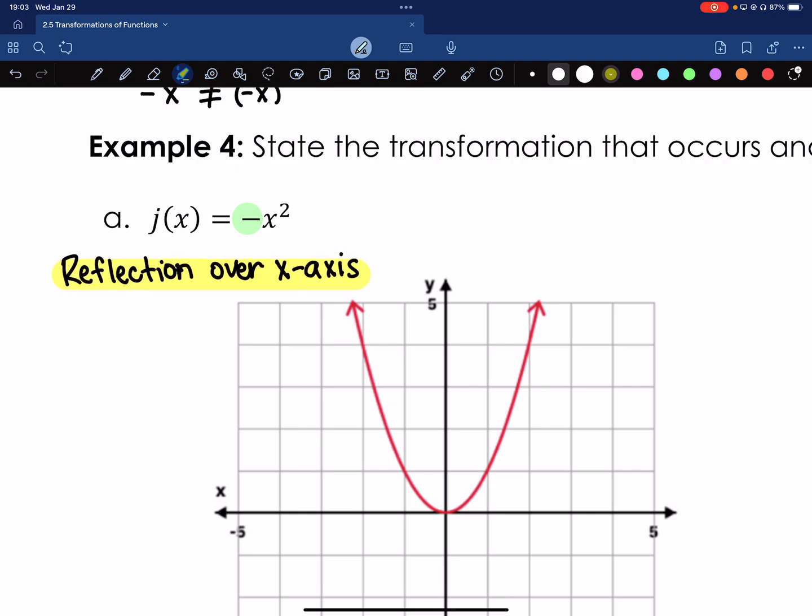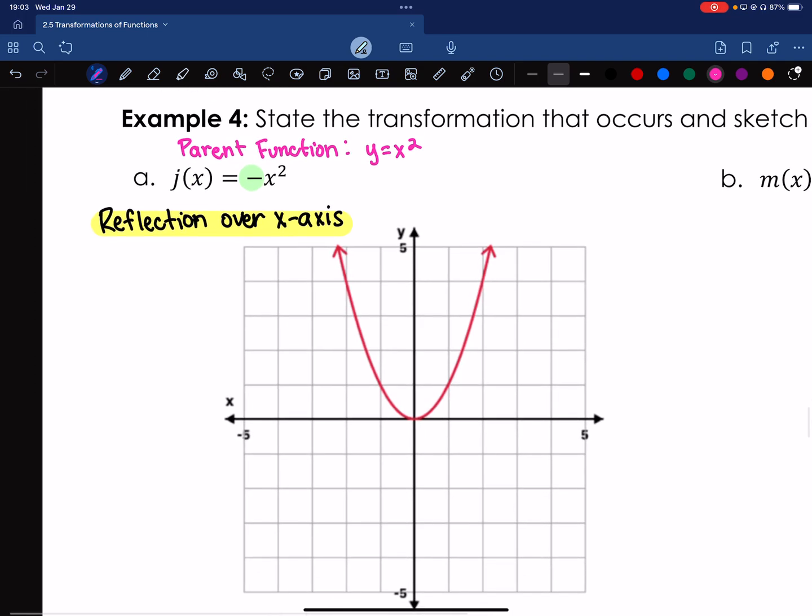And I did forget to state the parent function. So this parent function is y equals x squared, which is the quadratic function. The parent function is when you basically take away anything that's being added, subtracted, multiplied, or divided. Take away any numbers, and what's left over is the parent function.